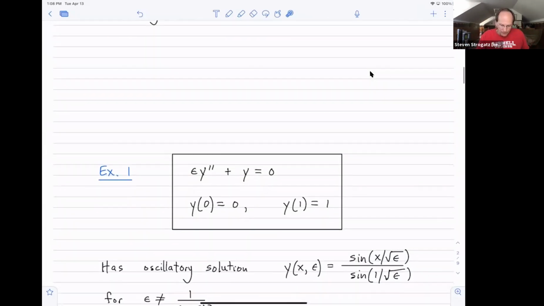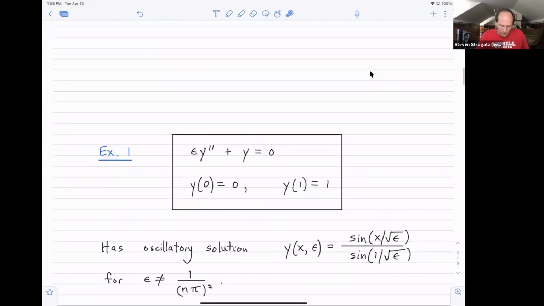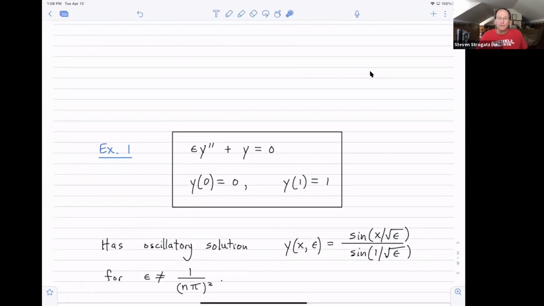If you just work out the exact solution for this, you'll get sine of x over square root of epsilon, then times this constant needed to make the boundary conditions work out.